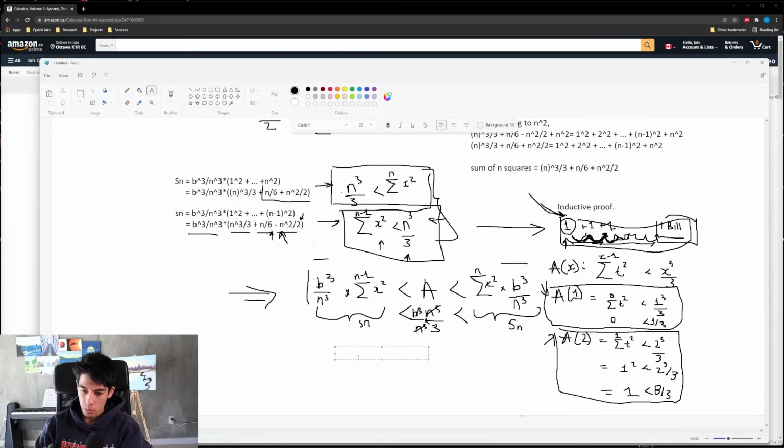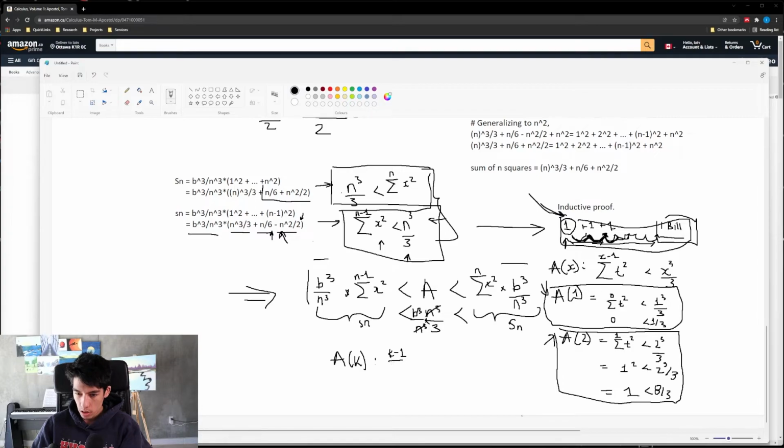We will take a of k, which means, well, I'll probably actually just write it out. So a of k is this thing, and it says that the sum of t squared up to k minus 1 is less than k cubed over 3.